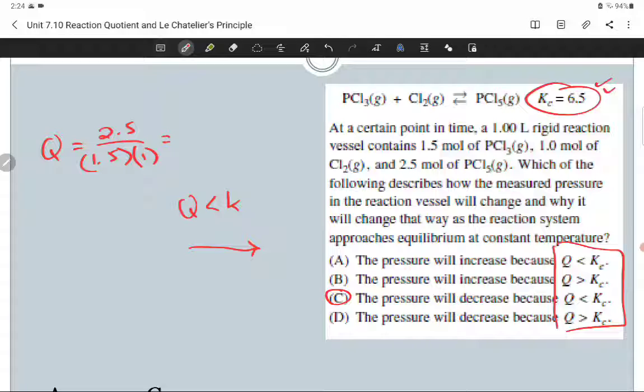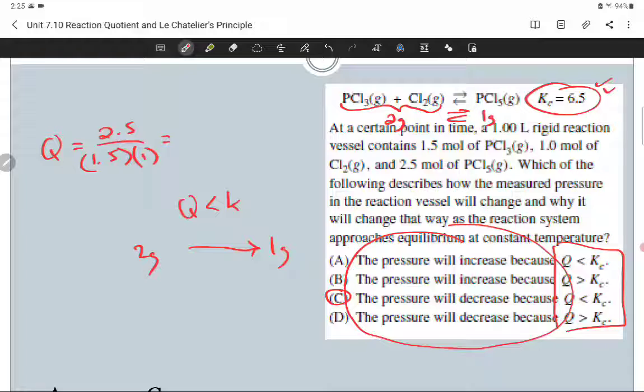So that still doesn't help us out entirely because it talks about the total pressure. Well, what do we got here? We have 2 moles of gas going to 1 mole of gas. So if it's proceeding from 2 gases to 1 gas, it's going to go down in pressure.